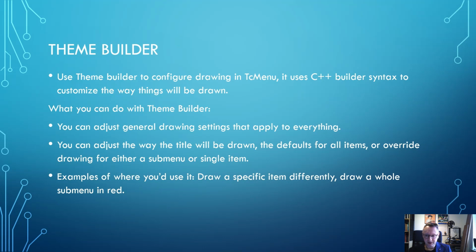You can adjust the way that the title will be drawn. You can adjust the defaults for all menu items, and you can override drawing for a submenu or a single item. And then examples of where you might use it is to draw a specific item differently, draw a whole submenu in red. I mean, there are reasons why you might want to use the override.